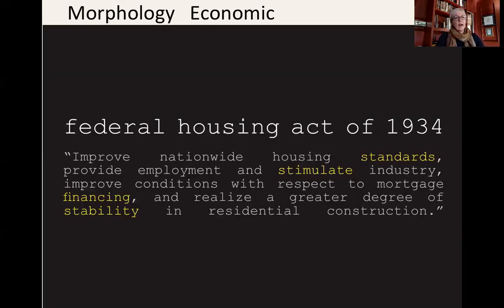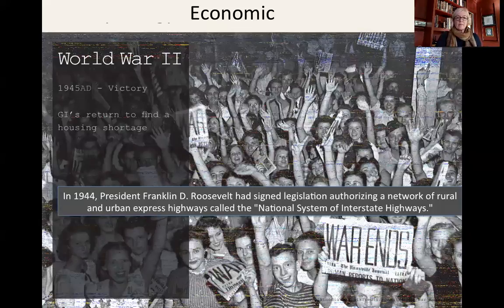It was to provide employment, to stimulate industry, to improve conditions with respect to mortgage financing, to realize a greater degree of stability in residential construction. So it was an economic stimulus that was framed in the idea of a social good, but it really was driven mostly by economics. So then let's just throw World War II on top of this.